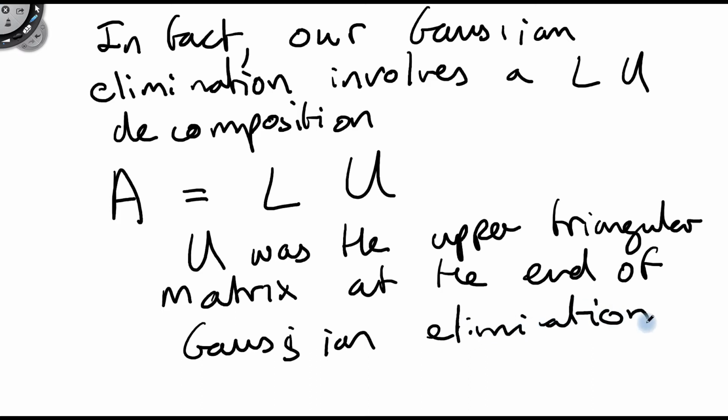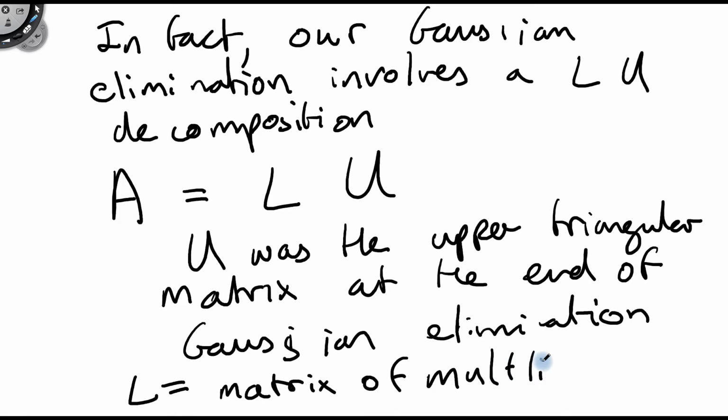What about L? Well, it turns out L is this matrix of multipliers that we basically kept note of as we get through the algorithm. I sort of highlighted. So let's see how that works.